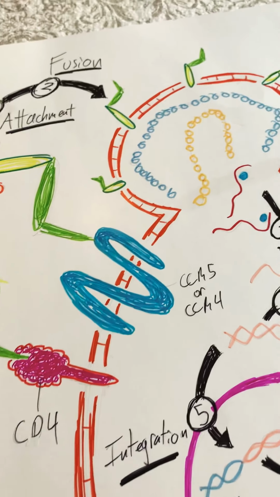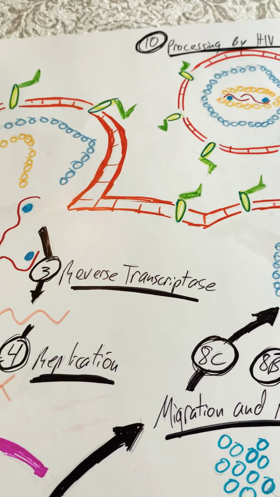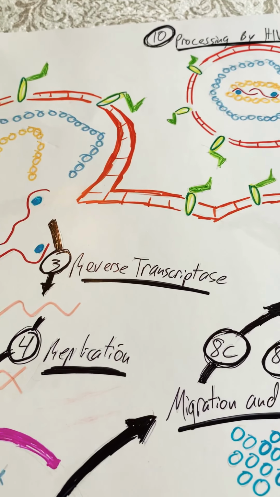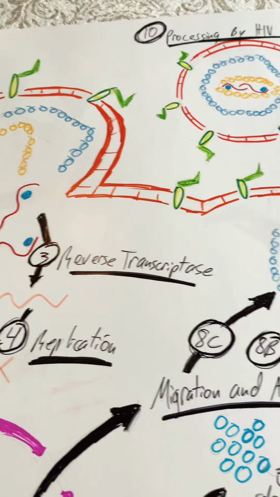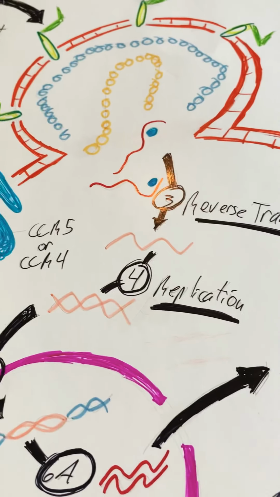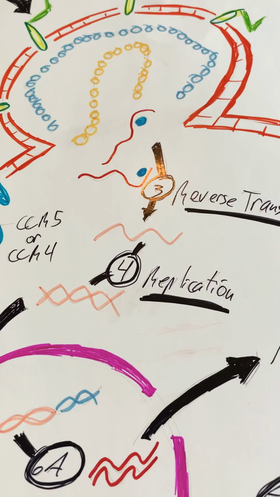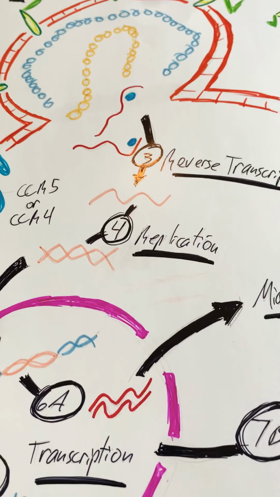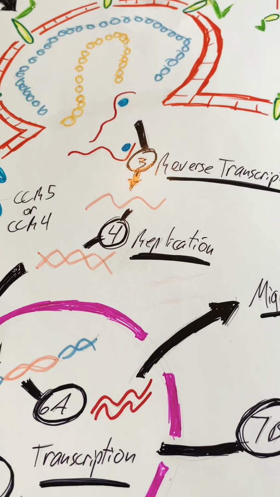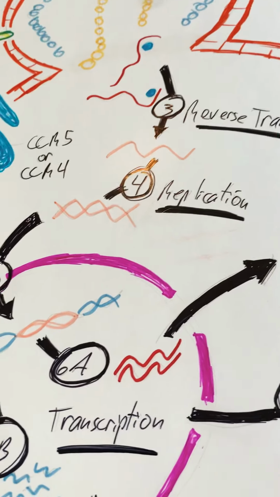The next step here is reverse transcriptase. So HIV RNA is transcribed into single-stranded DNA by HIV reverse transcriptase, which converts the single strand of HIV DNA into double-stranded HIV DNA.